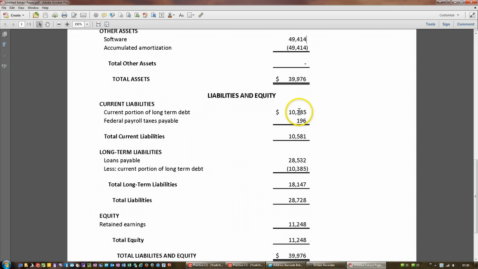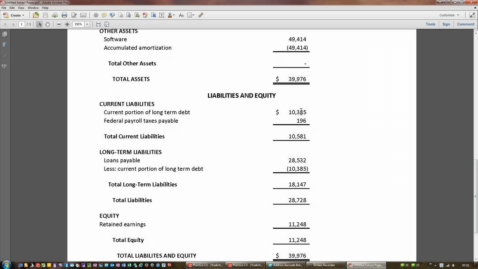Okay, so if we look here, something we notice is we've got current portion of long-term debt, and then we've also got less current portion of long-term debt. What we did here is this loan has, let's say, a 5-year repayment period. In order to make this balance sheet as accurate as can be, we're going to take the principal payments that need to be paid over the next 12 months, subtract that from the long-term portion, and move it up to current portion.